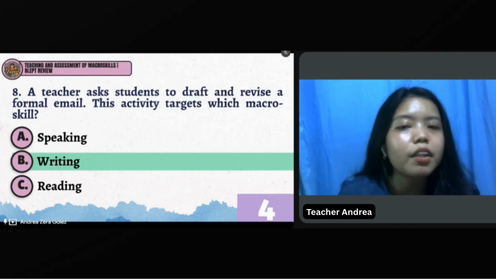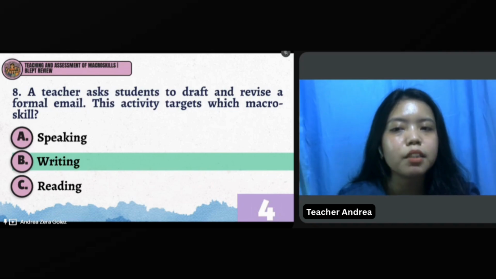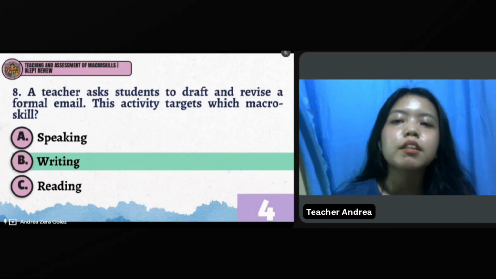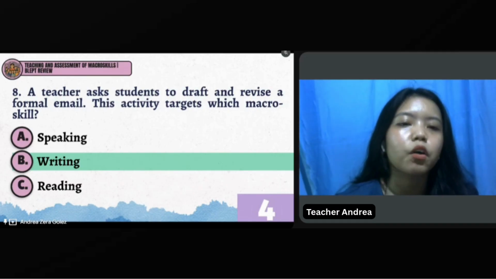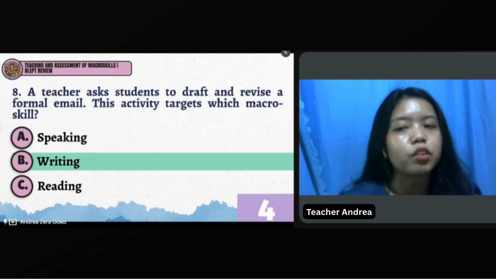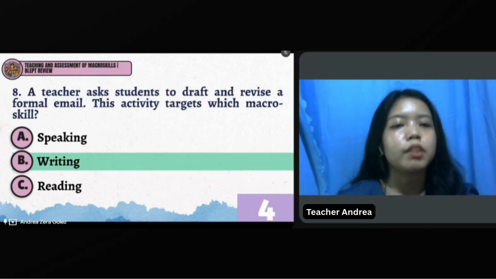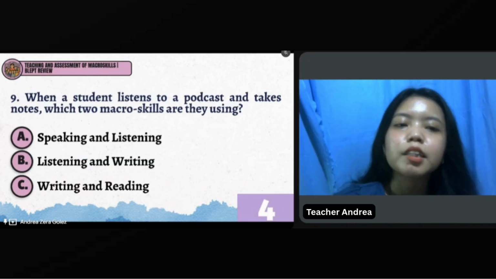On the other hand, of course, speaking and reading are not chosen because these are not applicable for this activity, because you need to use your writing skill in order to draft and revise a formal email. You don't need to speak, you don't need to read in order for you to create one, right? Alright. Let's proceed to number 9.